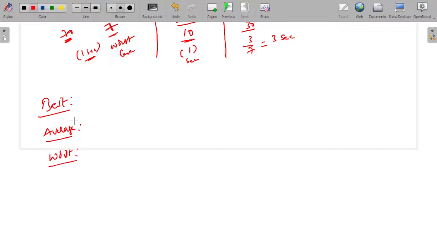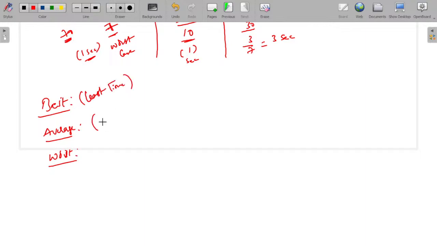The best case is where the value you are about to search is found in the very first step. So it is the very least amount of time it is going to take to complete the execution of a given problem. It is nothing but the least time.